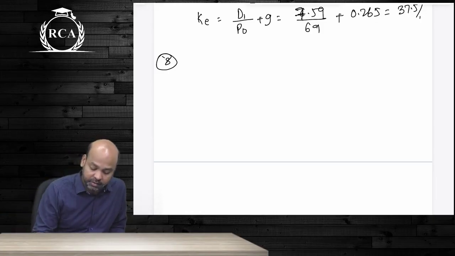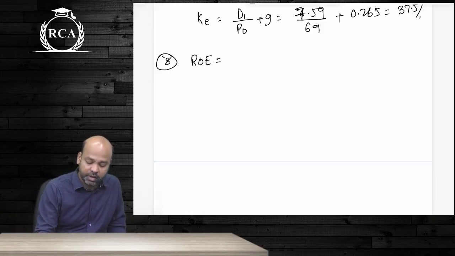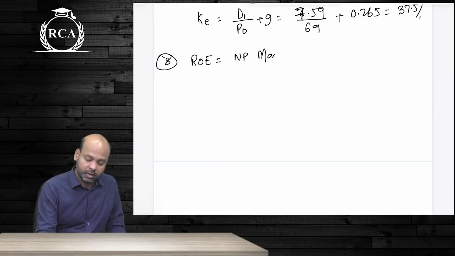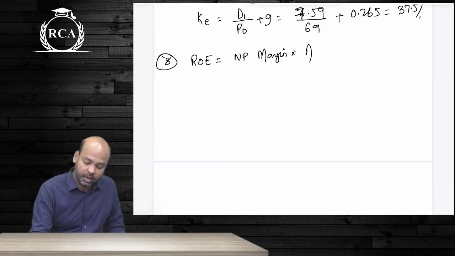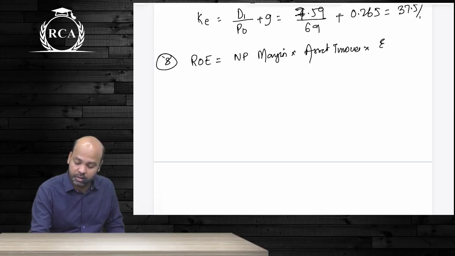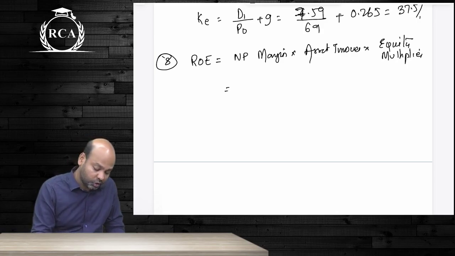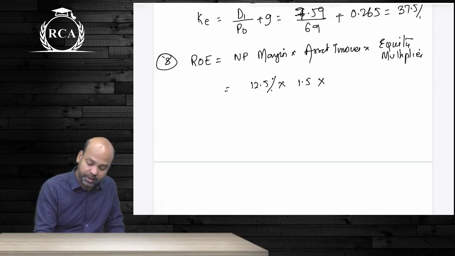But anyways guys, using DuPont analysis, return on equity is comprised into 3 parts. Net profit margin, asset turnover ratio into equity multiplier. These are the 3 components guys. Net profit margin is already given in the question guys, 12.5%. Asset turnover ratio is 1.5 times.